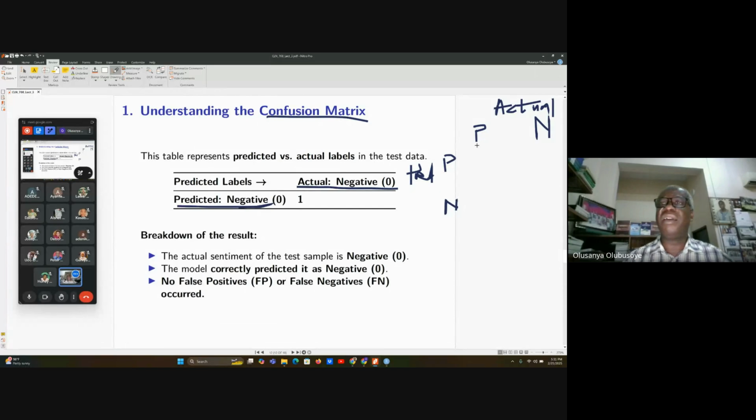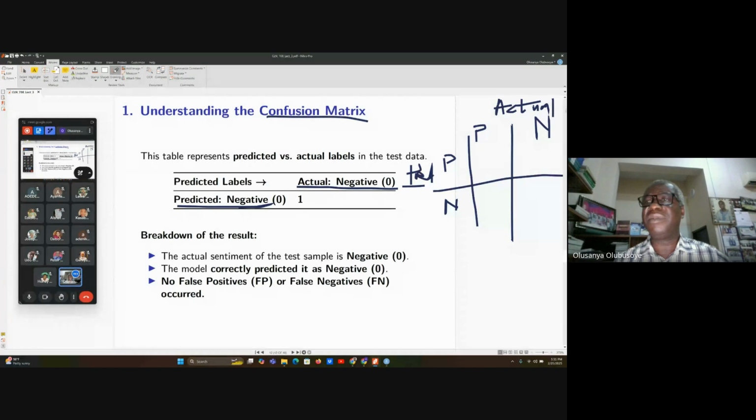Remember, this is prediction. So you have a table like this, which tells you how many you predicted to be positive and they are actually positive. This one is called the true positive.